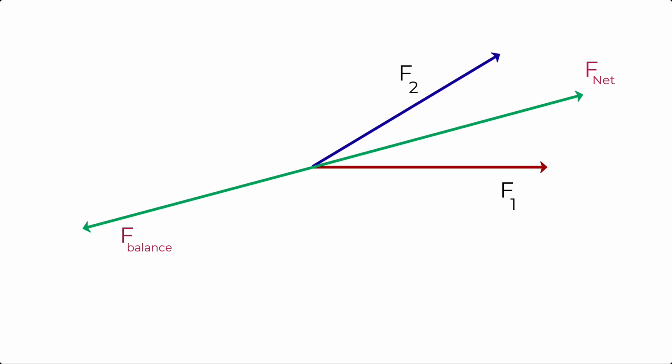If we want to find this net force, the magnitude would be same as the balance force, but the angle, if we measure from this side, will be this total angle minus 180 degrees. If I have 199 degrees, then I need to subtract 180 degrees from that to get this angle for the resultant, or F net.